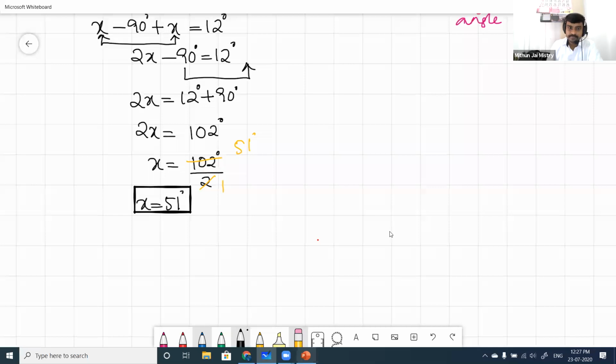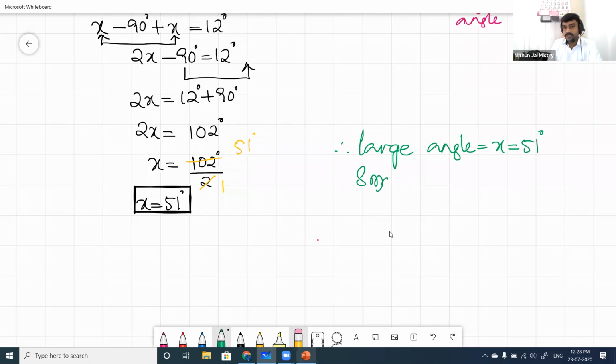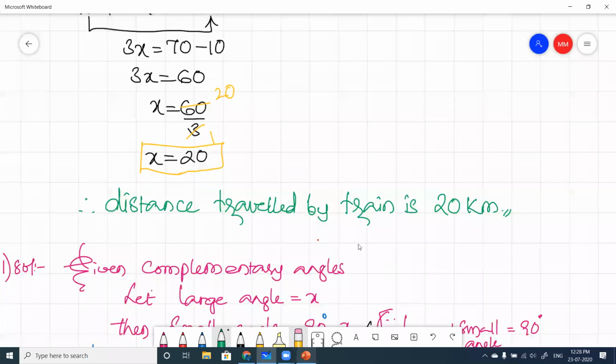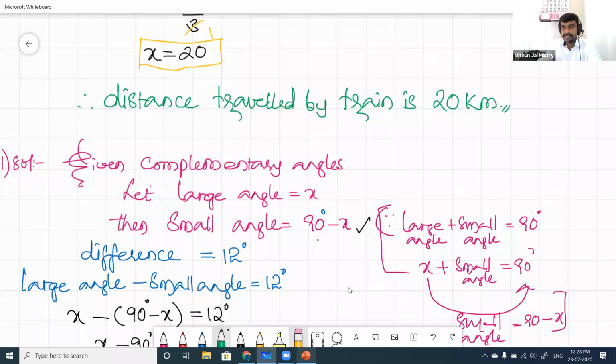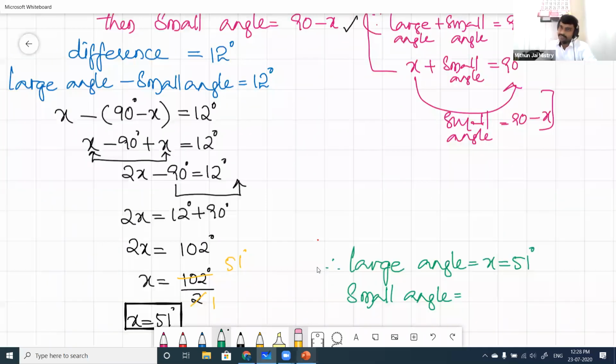Therefore, larger angle is equal to X, and that is 51 degrees. Then what is the smaller angle? The smaller angle we took as 90 minus X. Here you can see small angle is 90 minus X. So the first two lines and the last two lines, please remember for every question.